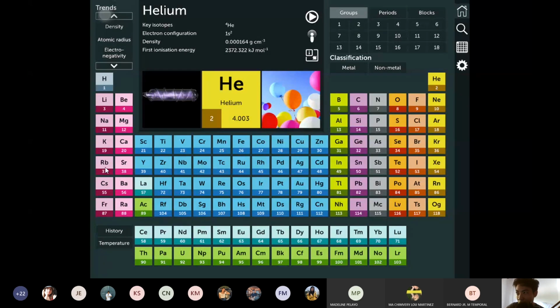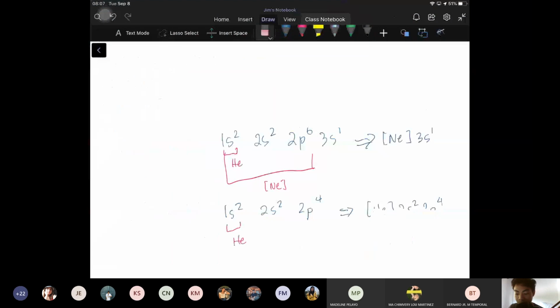If it's in group 1, 1 valence. Group 2, 2 valence. Group 3, 3 valence. Group 4, 4 valence. Group 5, 5. Group 6, 6 valence. Group 7, 7 valence. And group 8, 8 valence. So that's our shortcut.